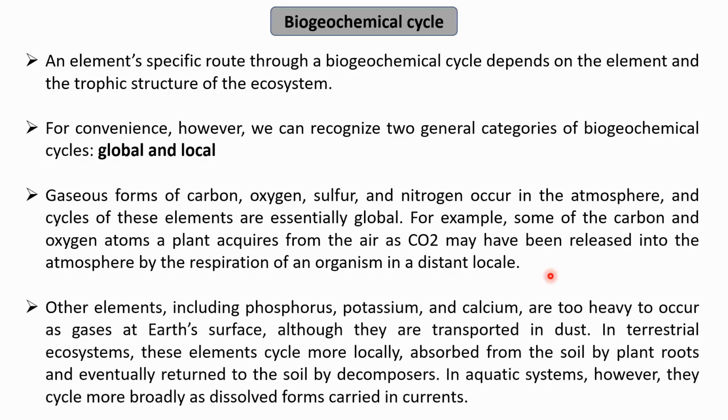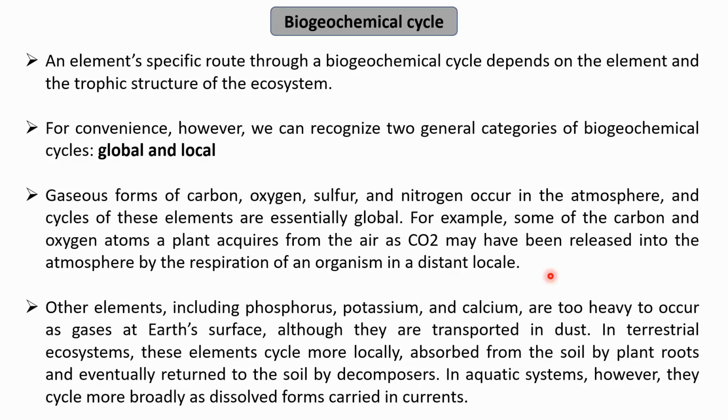Other elements, for example phosphorus, potassium, and calcium, are too heavy to occur as gases, and therefore they are usually transported in the form of dust. So in terrestrial ecosystems, these elements cycle more locally, as it is very difficult for them to travel such a far distance.